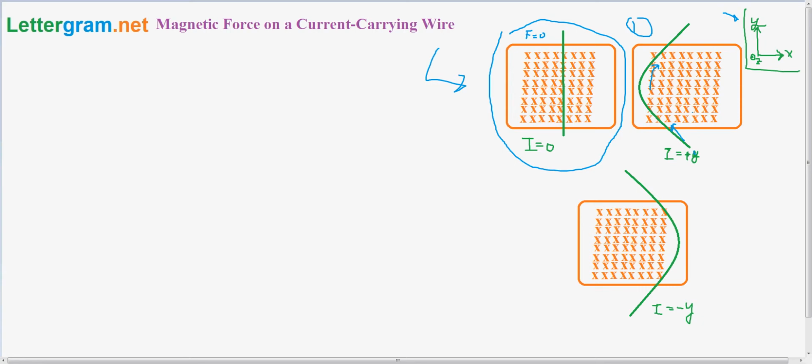I use one right-hand rule and it works all the time. So we have our thumb going into the screen, our fingers going down, and the force is going this direction. Just like a single electron, only now we have an entire wire of electrons.